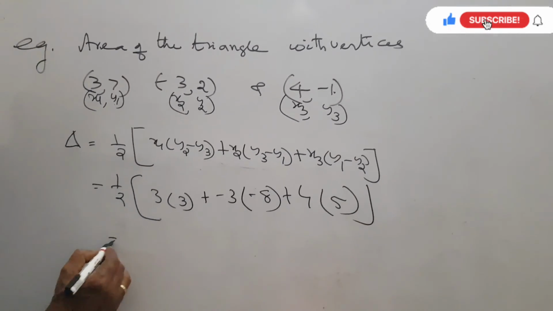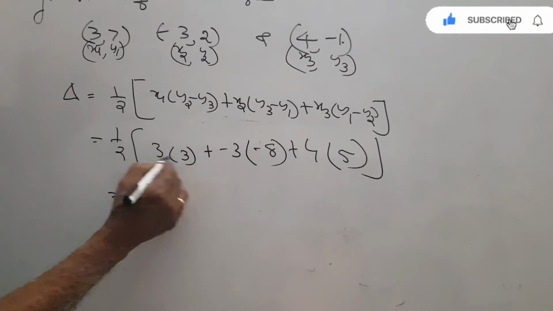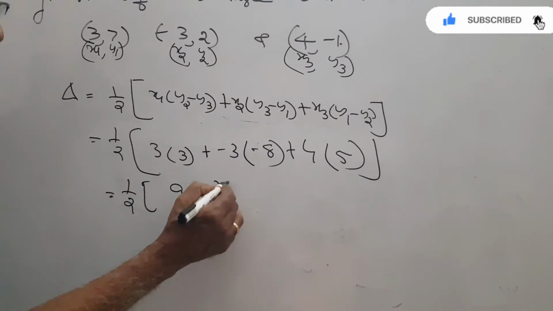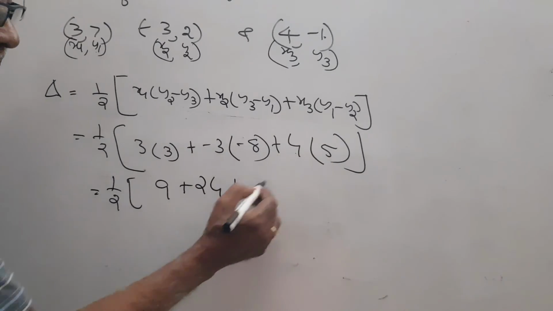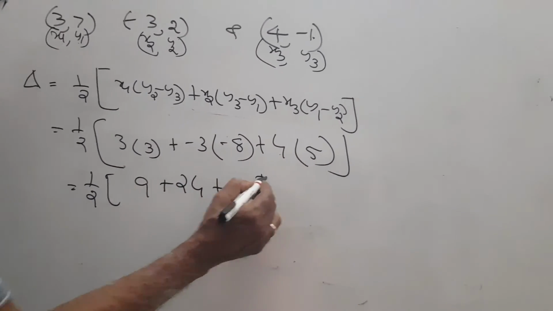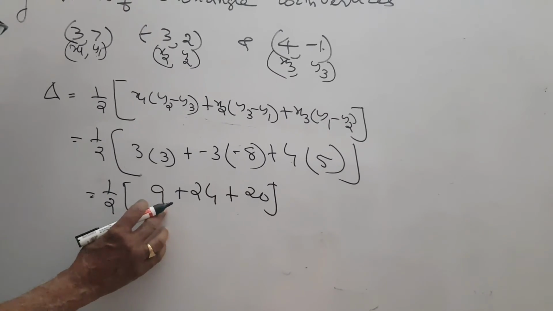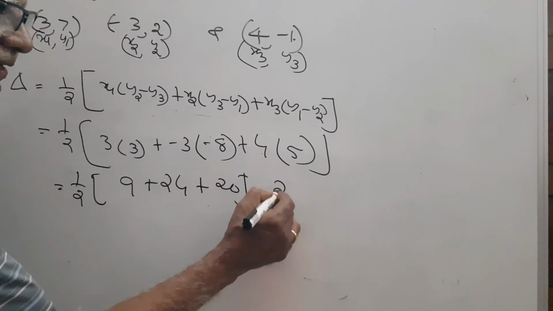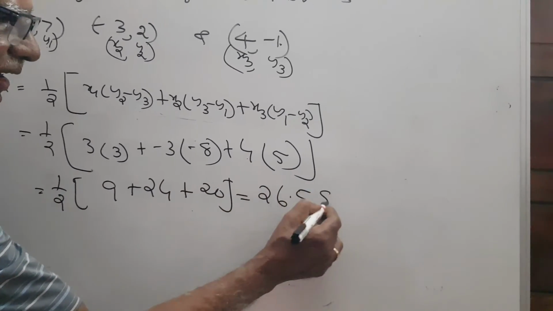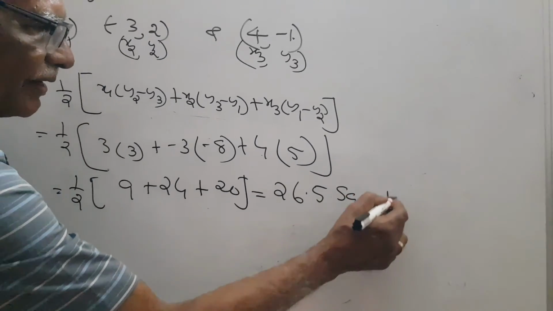So the result is half, 3 into 3 is 9, plus 24, plus 20. So 24 plus 20 is 44, plus 9 is 53, by 2. So it is 26.5 square units.